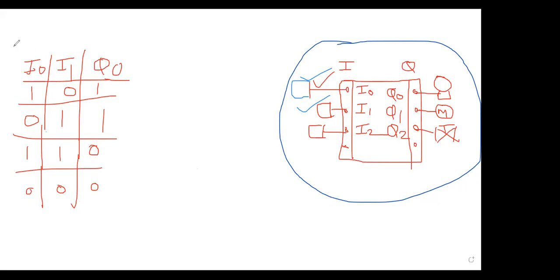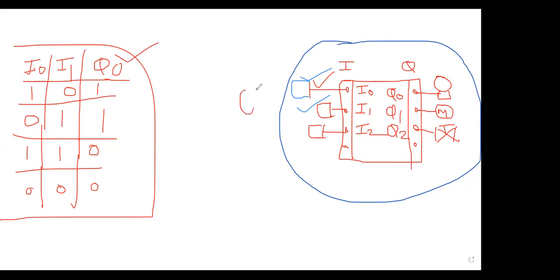So first, everyone, please try this in 2 minutes and send me the program. Whatever you know, make the program for this and send it. Let me remind you the rule. If you have one output in this program, you should have only one coil of Q0. Don't take 2 coils of Q0.